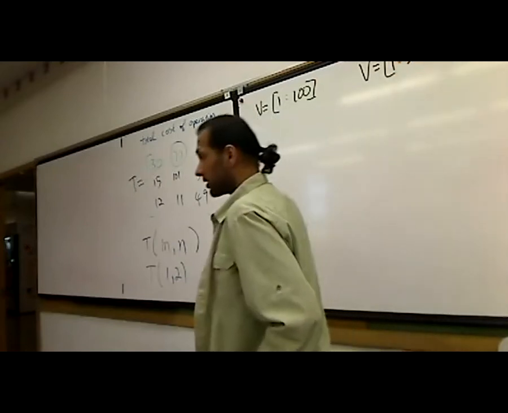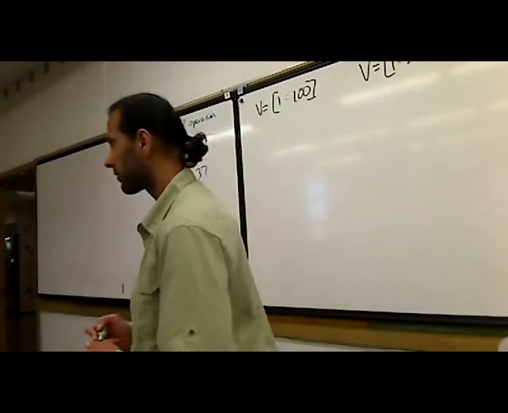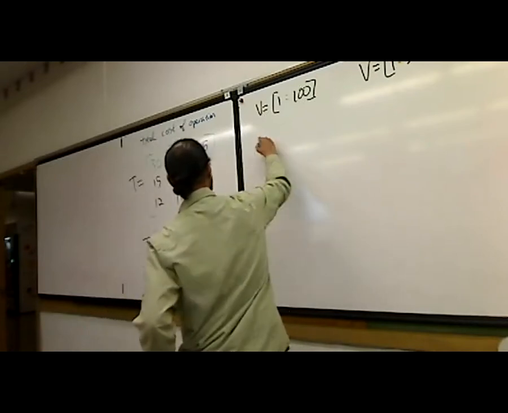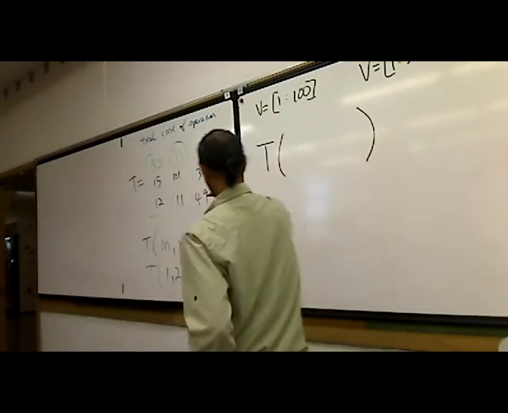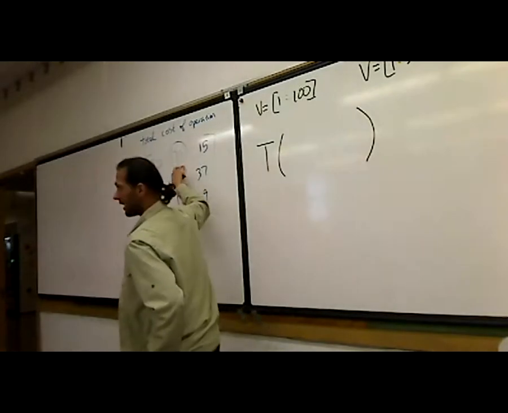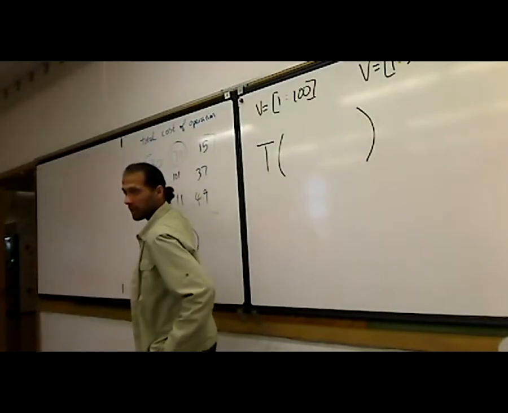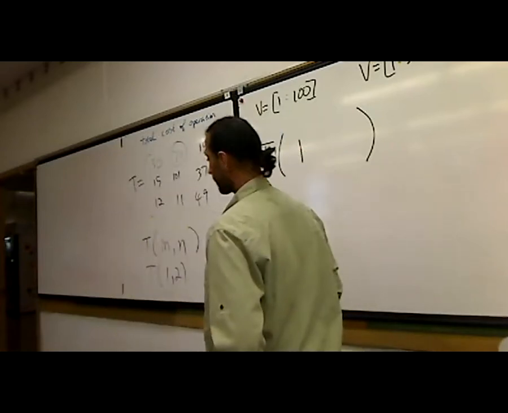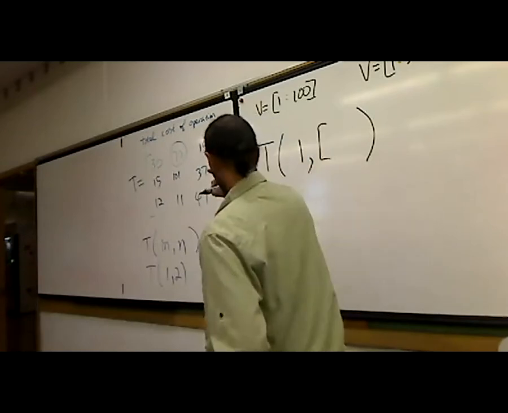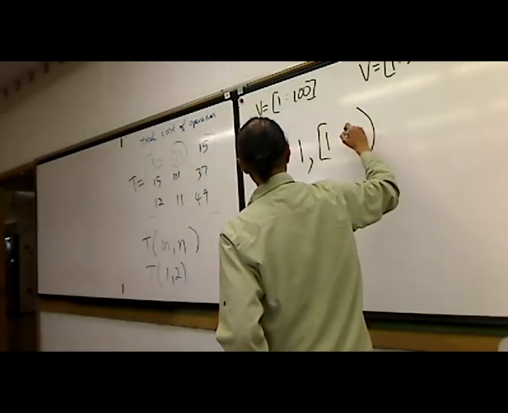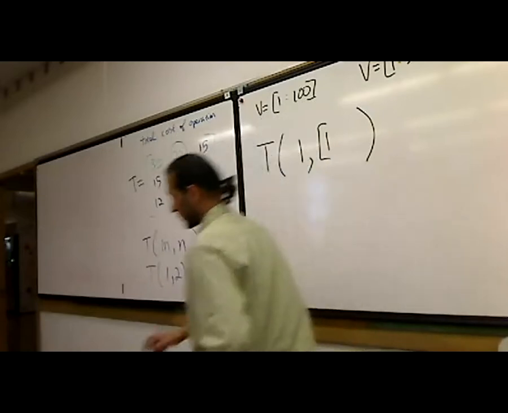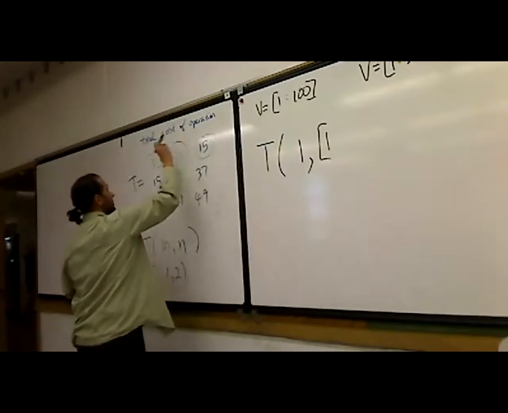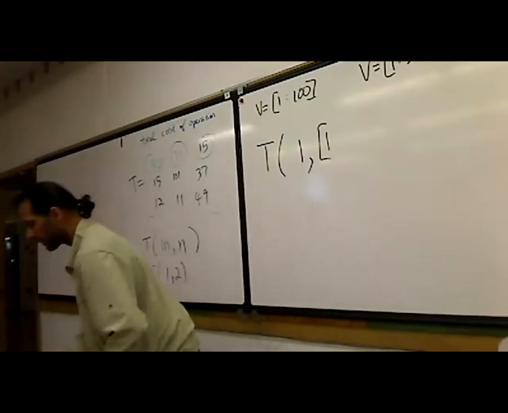Excellent. This same property of the colon is leverageable in subscripting or indexing. What we can do here in this example is say T, and let's say I want all of these: 1, 2, and 3.